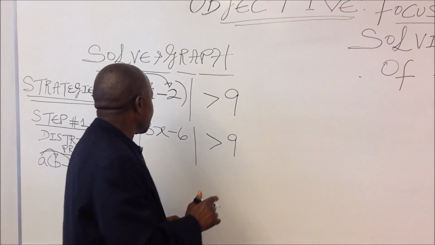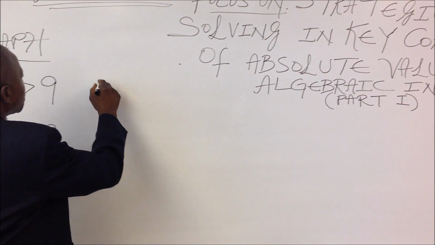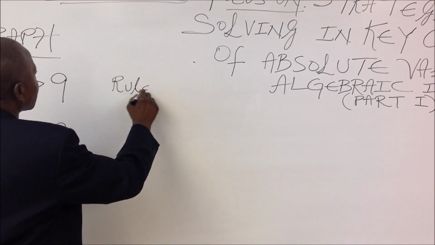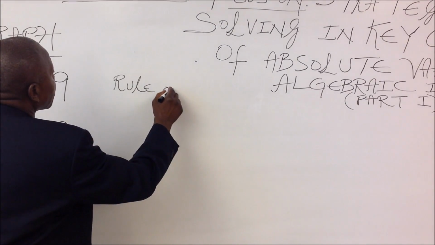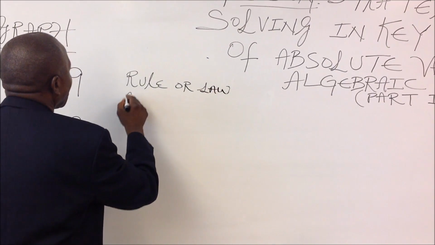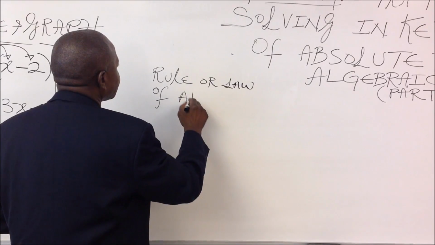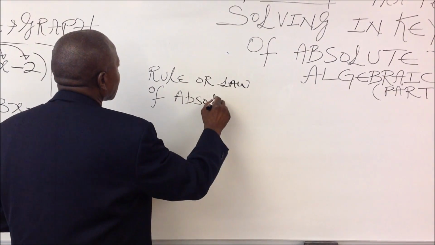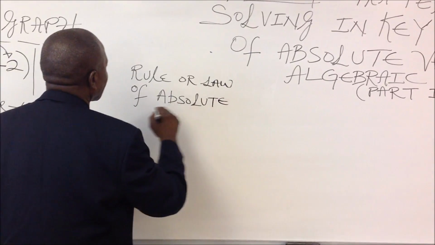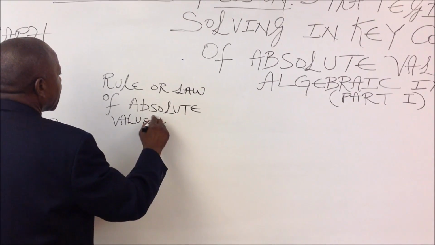So we can call this the rule or law of absolute value inequality.